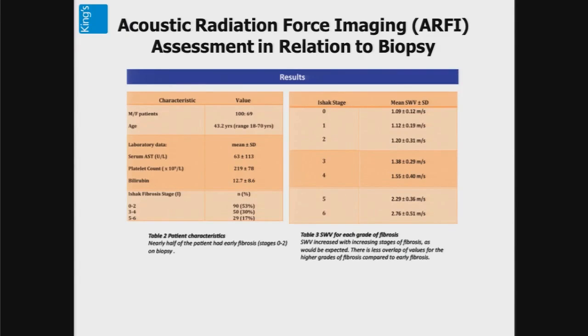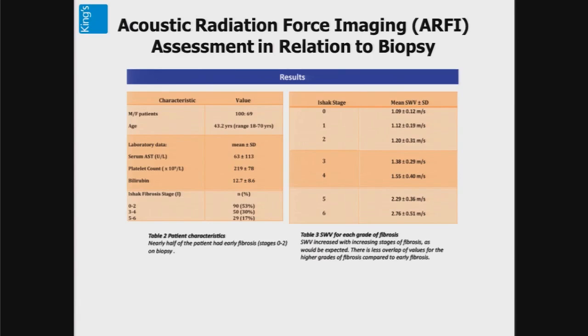And this is just the demographics of the patient. And we looked at drawing out our patients, and 1.09 meters per second was normal, and 2.76 in Ishak score cirrhosis. So you can see how wide apart those measurements are, and this is a very good tool to tell you normal or cirrhotic.